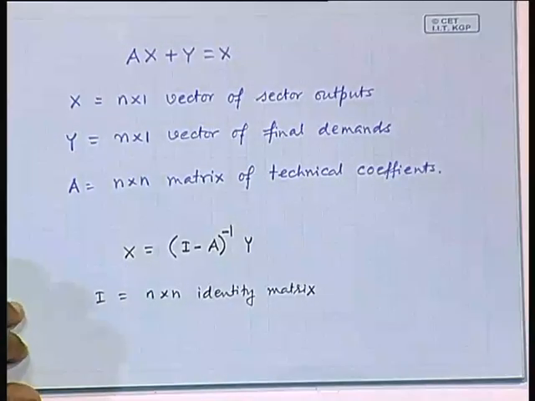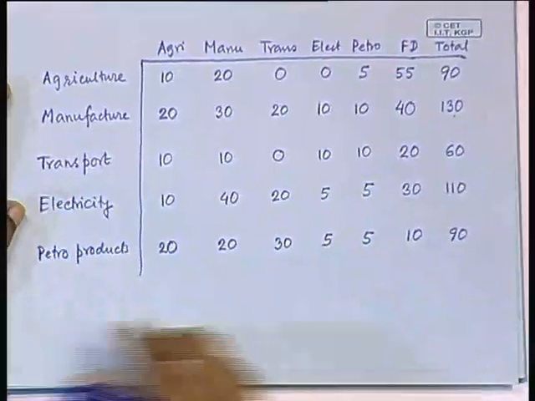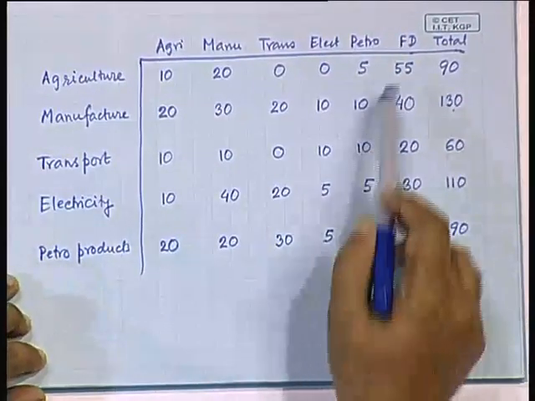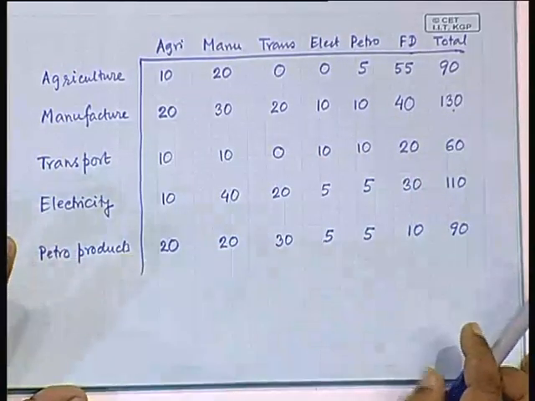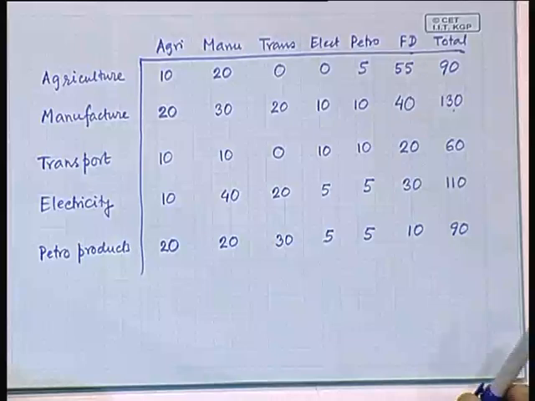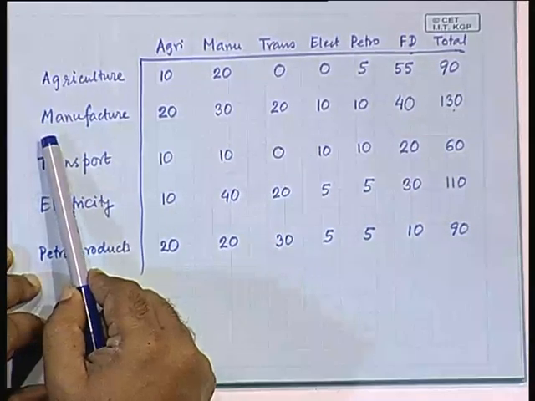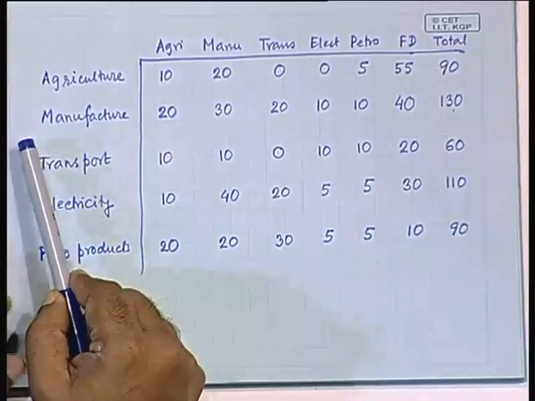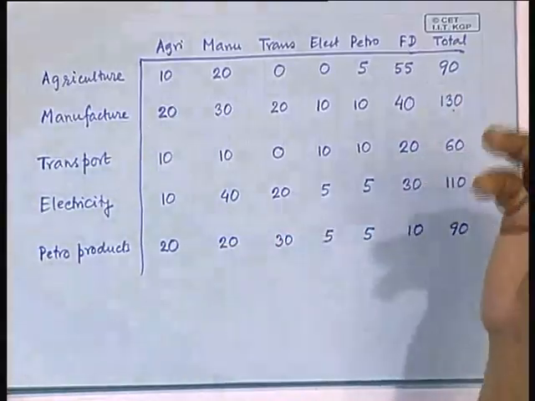And in order to illustrate this, we had cooked up an imaginary economy in which the sectors had these outputs. You remember that, right? The last day we had done this. So, for example, just to show you one, the manufacturing sector: 20 rupee worth, this is not really 20, but it should be 20 million or something.